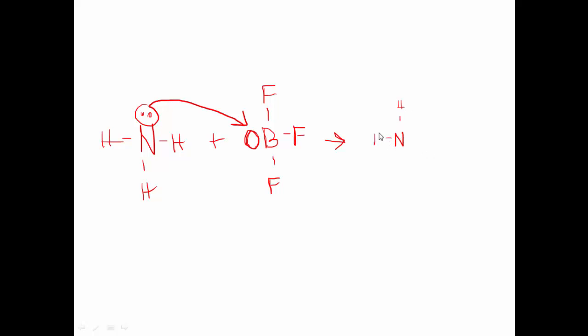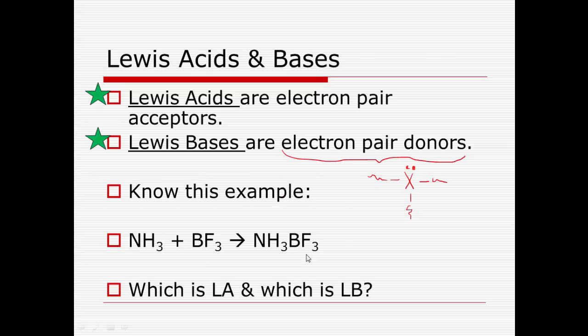So I'm going to rotate the ammonia a little bit. There's that new bond, and it's going to bond onto the BF3, okay? So this donated an electron pair, so it was a base. This accepted an electron pair, so it was the acid. That's about all you need to know in pre-AP chemistry for that.